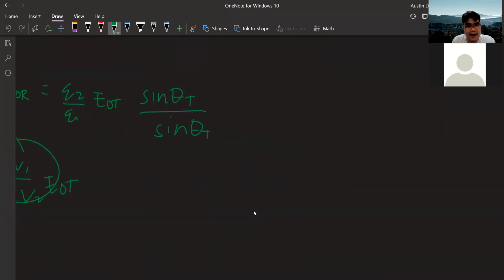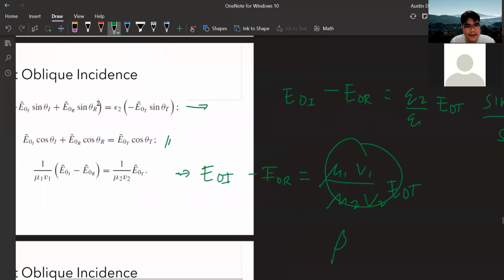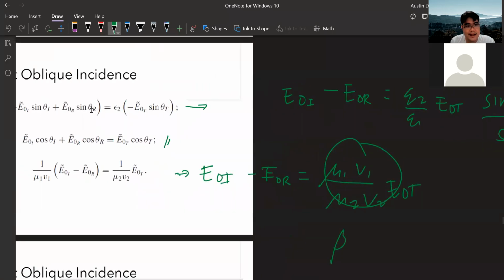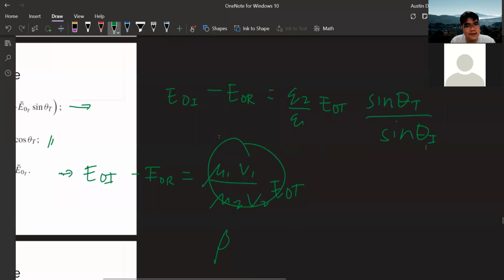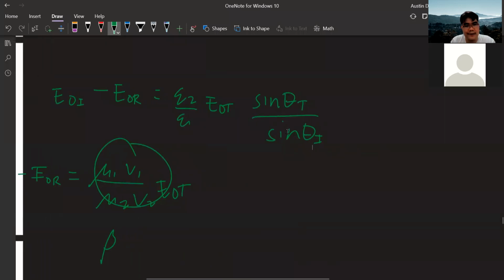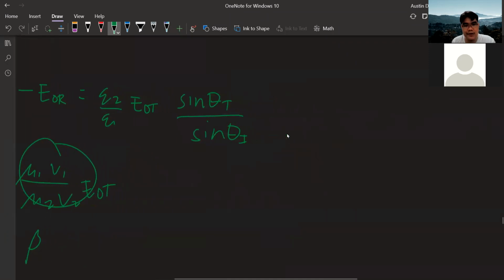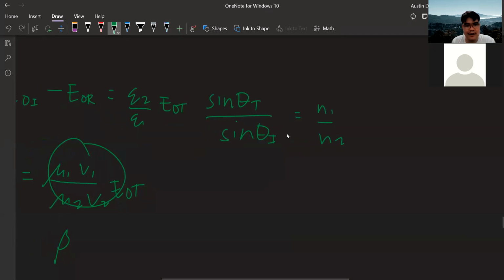So si R wala na, kasi pinalitan ko lang siya ng sin theta I. Tapos dinivide ko. Okay, makes sense naman, di ba, na ganito siya. And this guy would actually result to your Snell's law. So this is N1 over N2. Tama, di ba? So, mapalitan lang to ng N1 over N2.